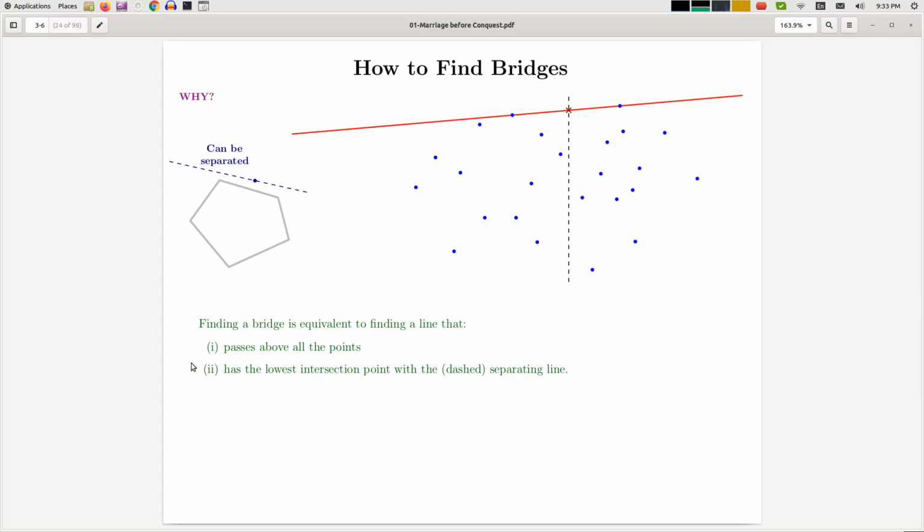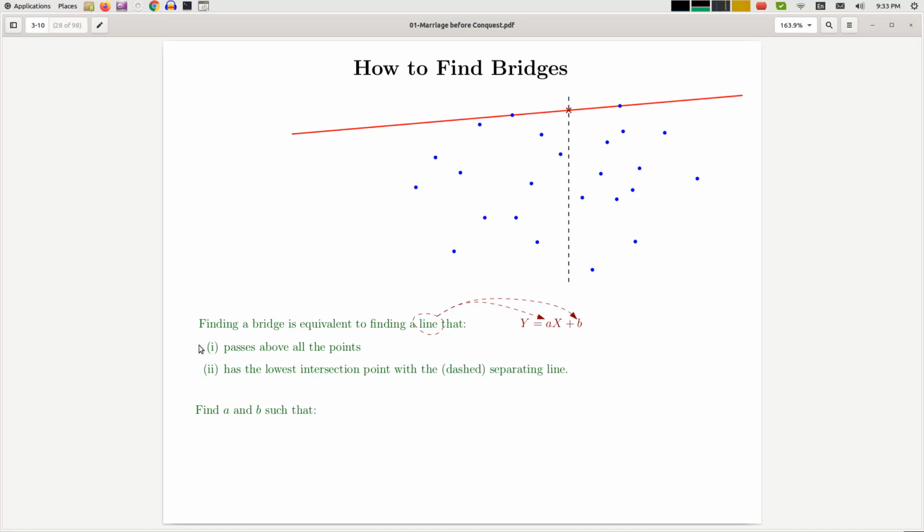And now the rest is easy, because we just need to translate this mathematically. Finding a line is equivalent to finding a and b, because once I find the values of a and b, I can write the line as y equals ax plus b. So this sentence can be translated as finding a and b. What about condition 1?